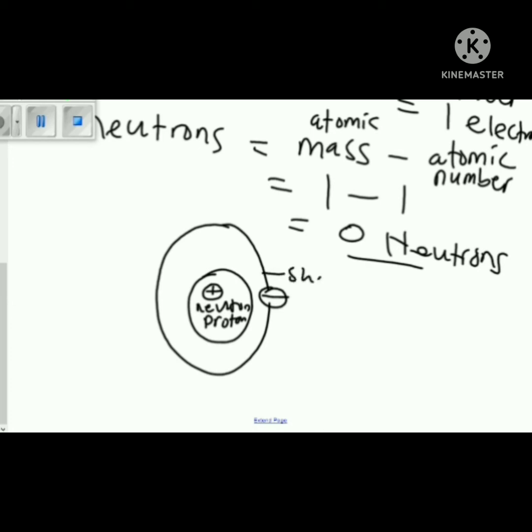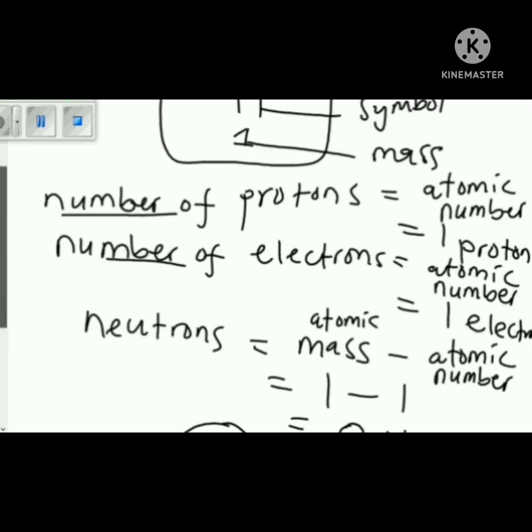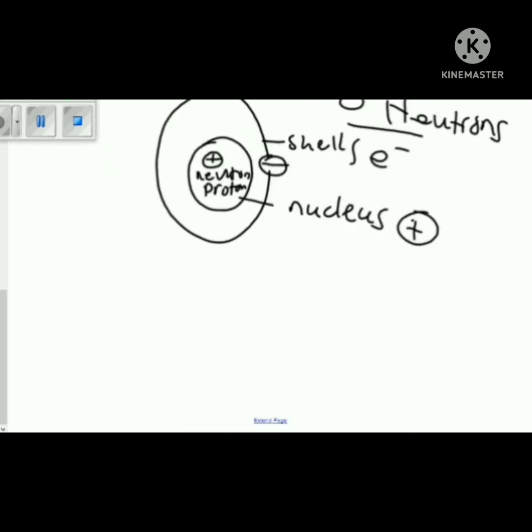Remember that the shells or the orbitals contain electrons, the negative charges, while the nucleus contains the positive charges of an atom. So I'm sure you've got good clarity as to exactly how you find the number of protons alongside the number of electrons.